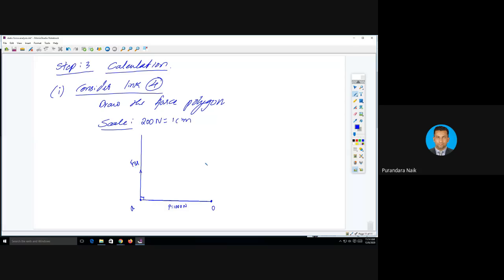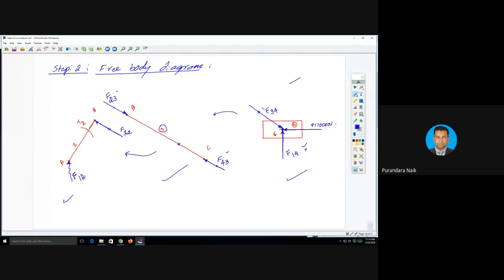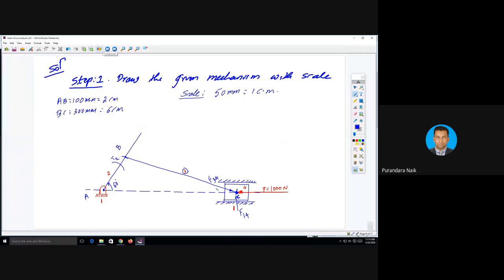Next force. What is the direction of this force? Parallel to this line. Correct? You go back to this one and just measure this angle. What is this angle? Can anyone tell me the answer for this angle, BCA or ACB?